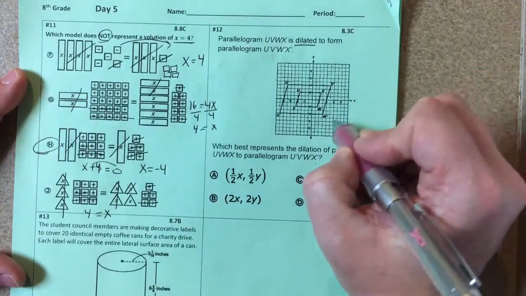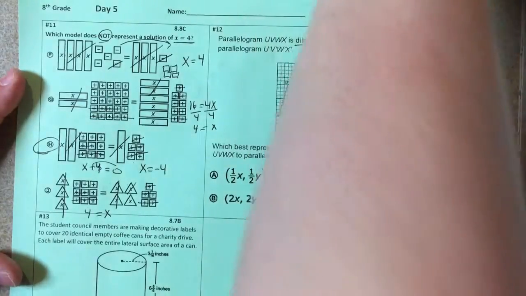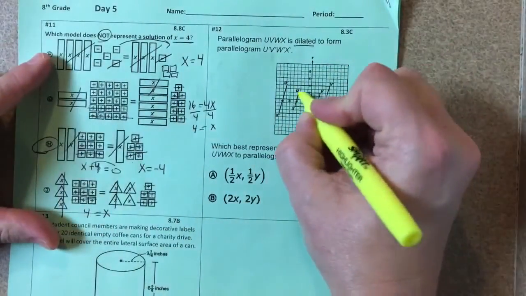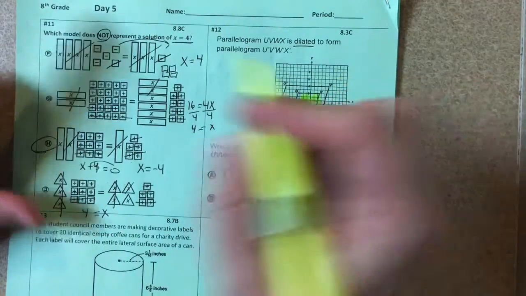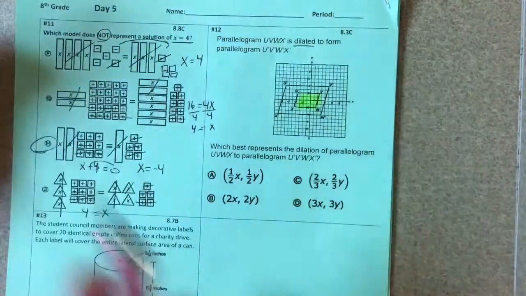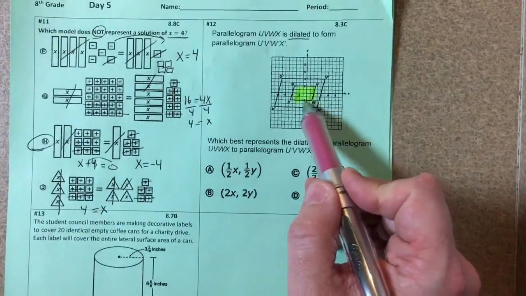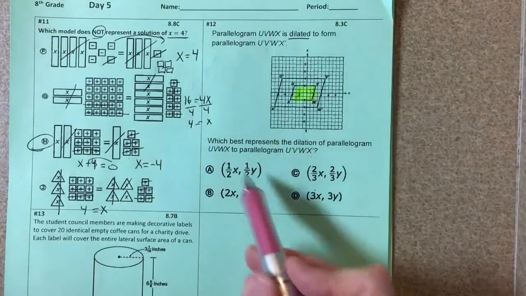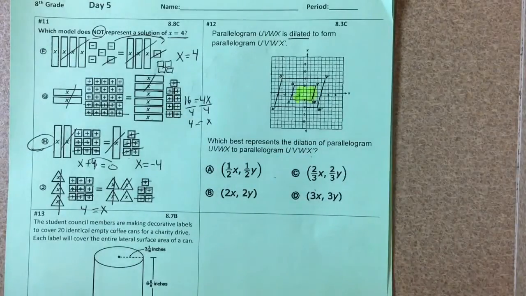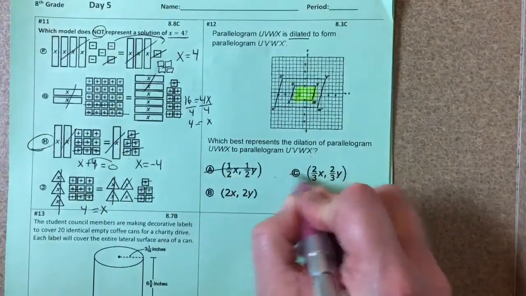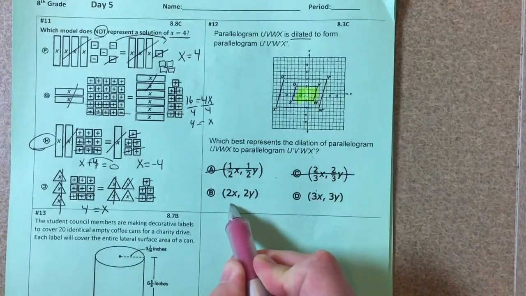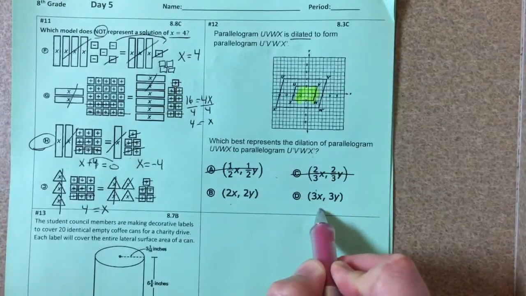Well, it's kind of hard to see, but the inside one is your original, and the outside one is the prime. So since it's going to enlarge, I know it can't be A or C because those are multiplying by fractions, which would make it smaller. So it's either going to dilate by 2 or dilate by 3.